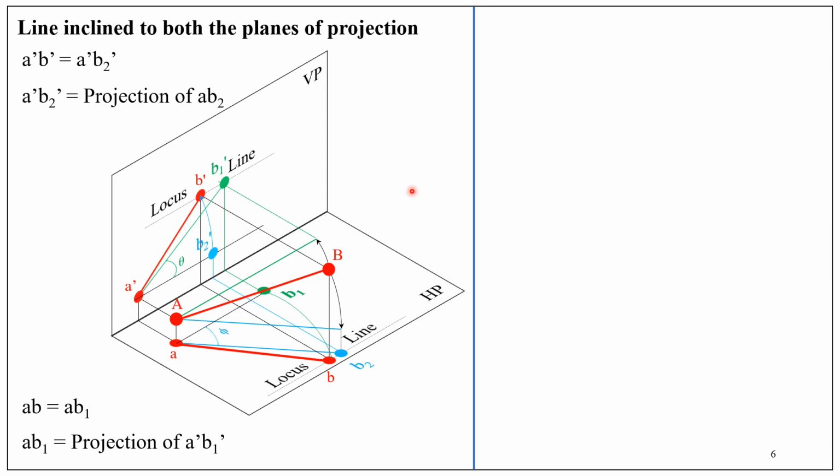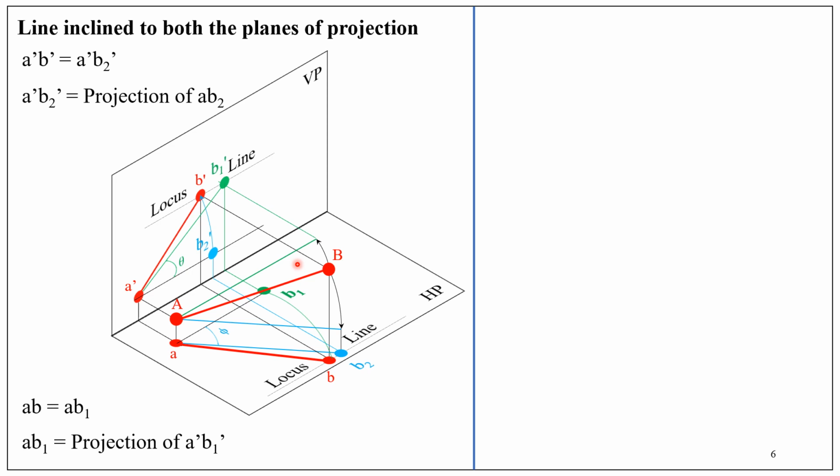The projections we discussed are shown here. Now we are going to draw the required projections in the drawing sheet. The required projections are A dash B dash and AB.